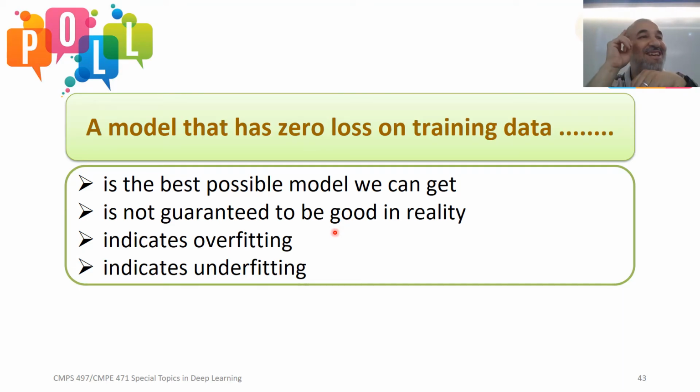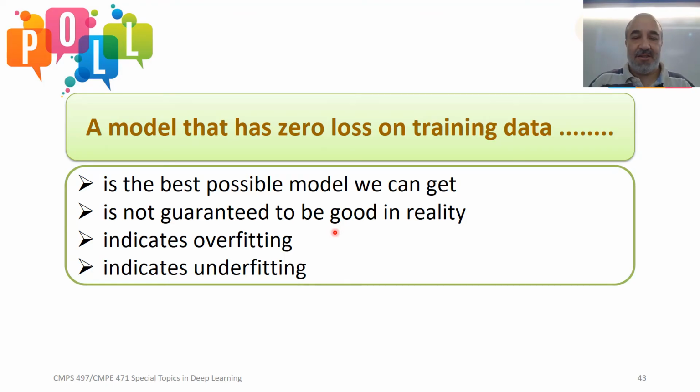So your next answer is: not guaranteed to be good in reality. Why? Yeah, we have to test it on unseen data. If we got zero error on training data, it doesn't mean that it's the best we got. That's the first answer.